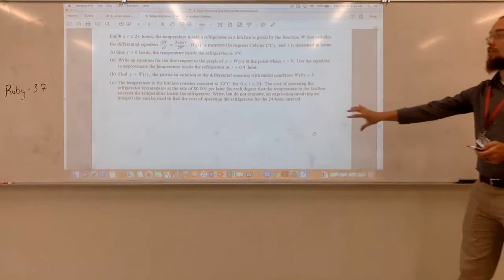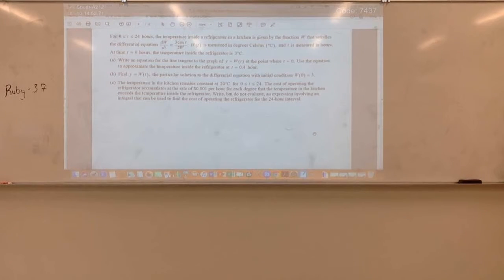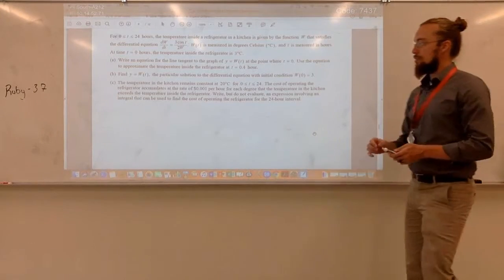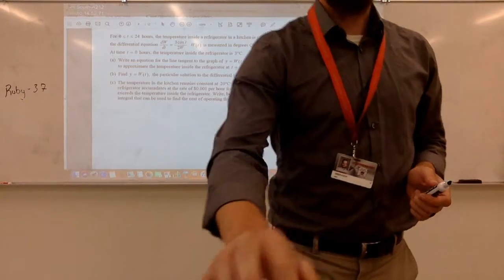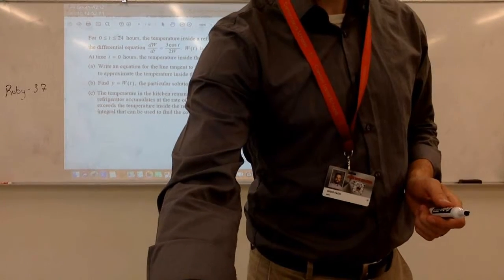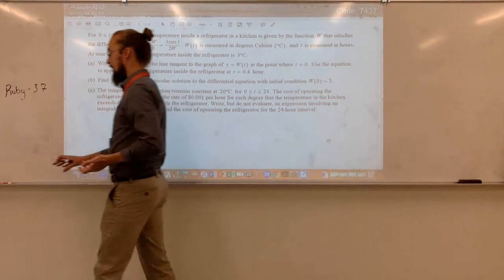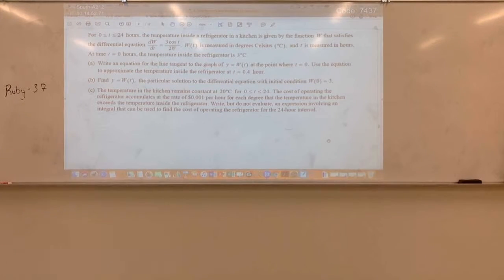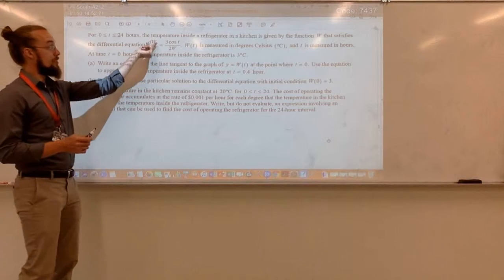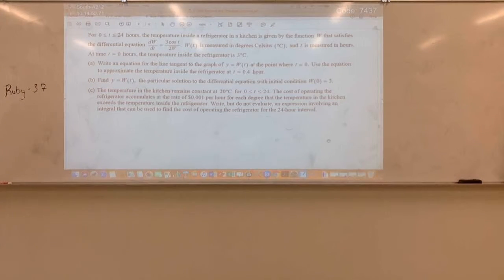We didn't get to look at the last differential equation problem yesterday. So I wanted to look at this one a little bit today because it's a differential equation problem, but it's a little bit disguised. Pretty much everything we've looked at has been dy dx.